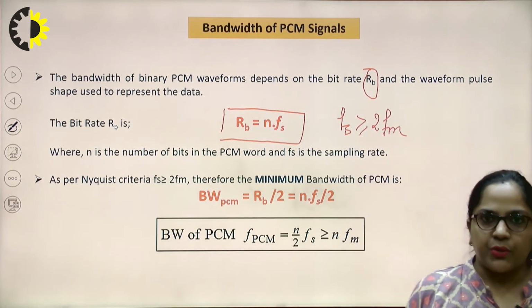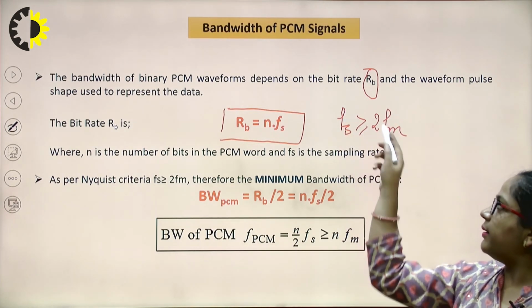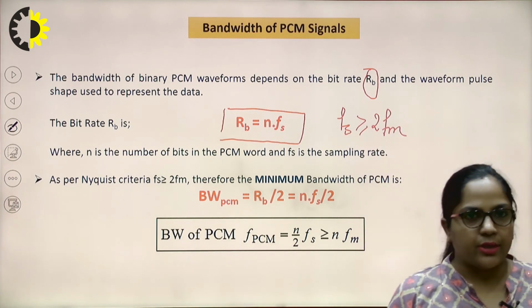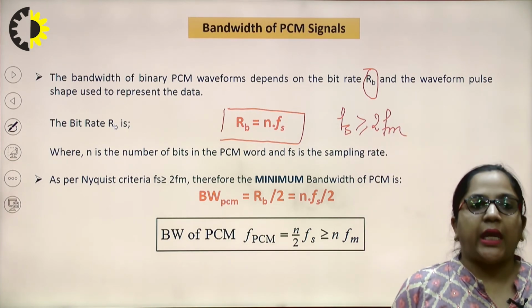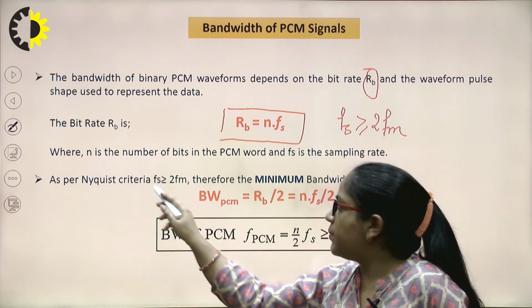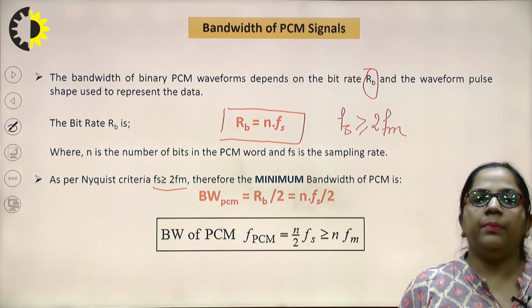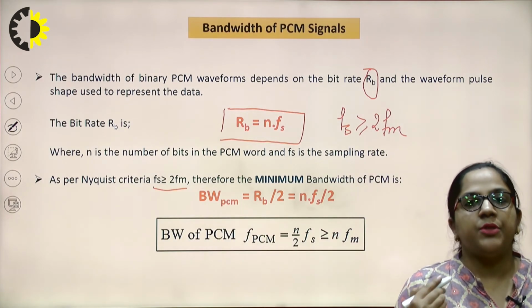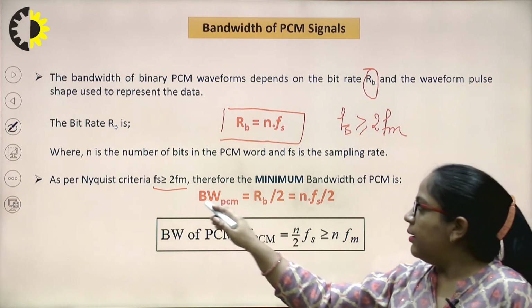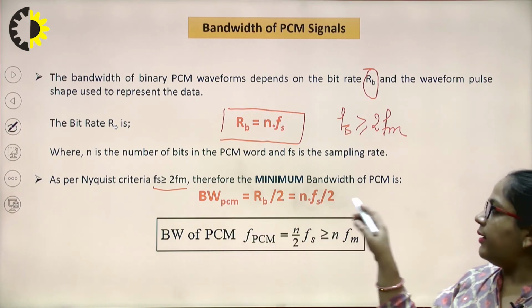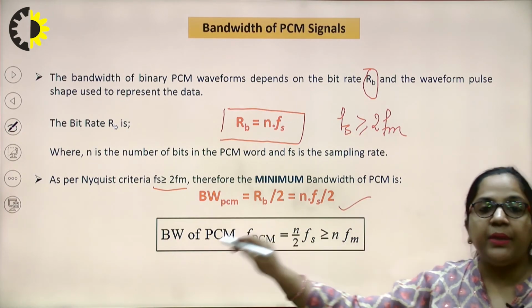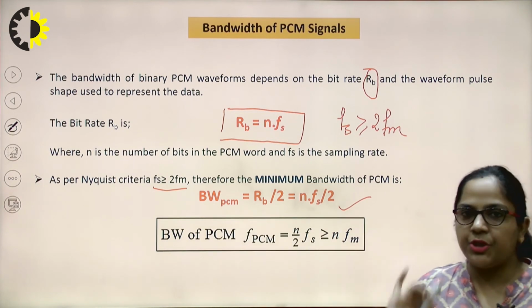We use the Nyquist criterion for sampling, that is, Fs must be greater than or equal to twice Fm. So, we can calculate the minimum bandwidth required for the transmission of a PCM signal as R_B/2, that is, N·Fs/2.